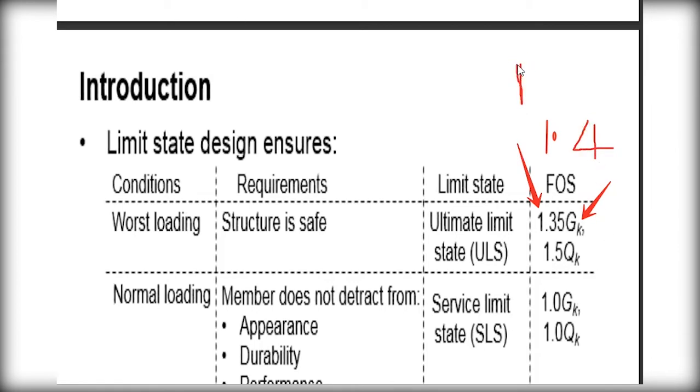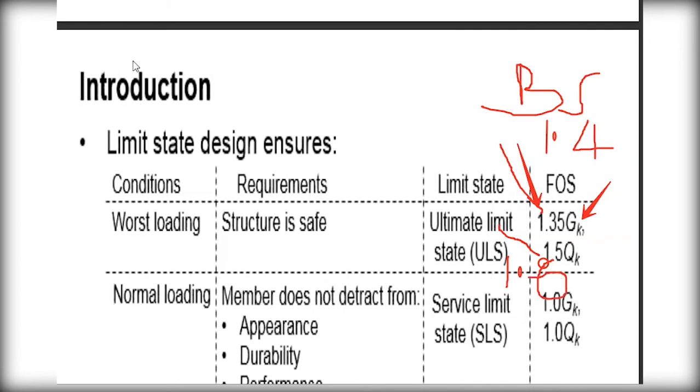This is about BS. While in Eurocode it is 1.35 GK. The same applies to the live load. This is estimated to be 1.5 QK, while for BS it is about 1.6.